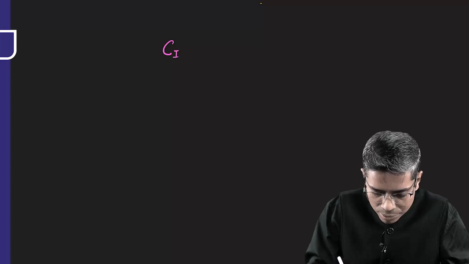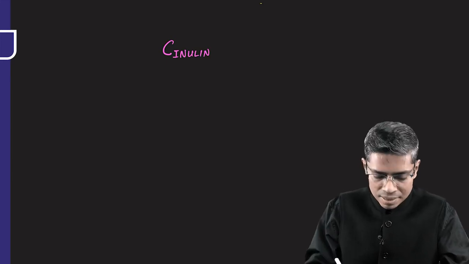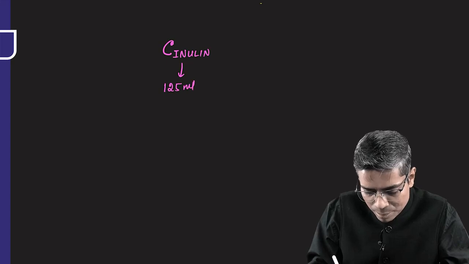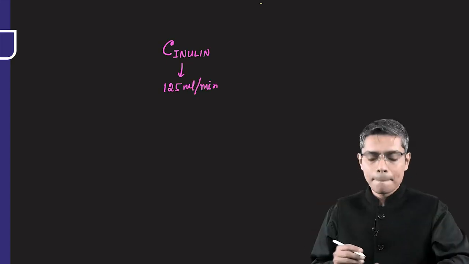Right? So this way you have to remember that if there is secretion, the clearance will be more. If there is reabsorption, the clearance will be lesser than GFR. Okay. So now if I put the clearance of inulin at the center, that is equal to GFR. What is that? That is 125 ml per minute. Okay.